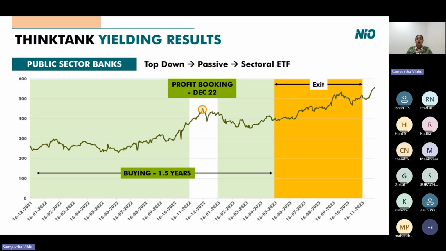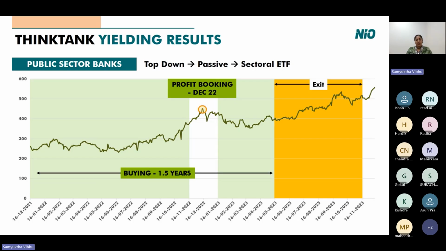And we realized that it's not one or two public sector banks that are going to benefit from this. It's actually the entire pack because the mergers, the recapitalization, all of this was favorable to that sector as a whole. It wasn't just one or two banks that were benefiting from these regulatory changes. This led us to look at a sectoral ETF that would have allowed us to do this.